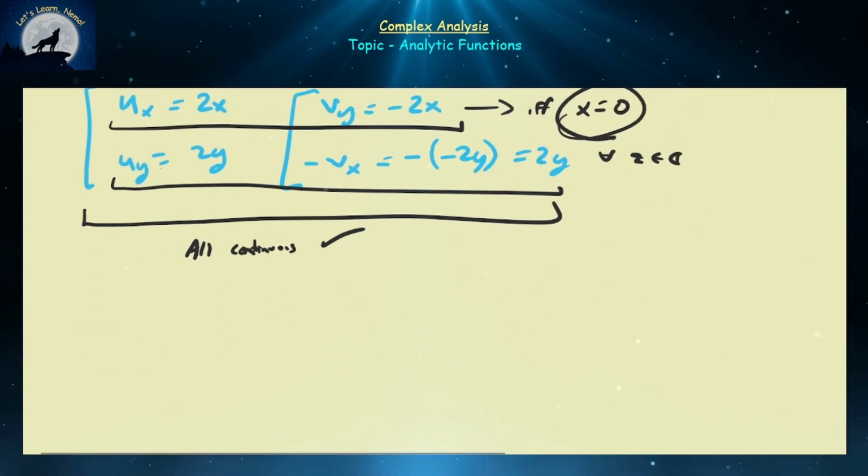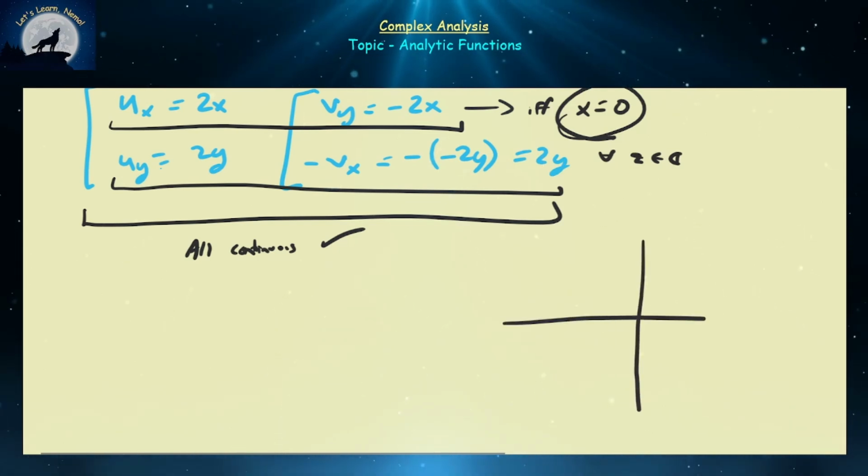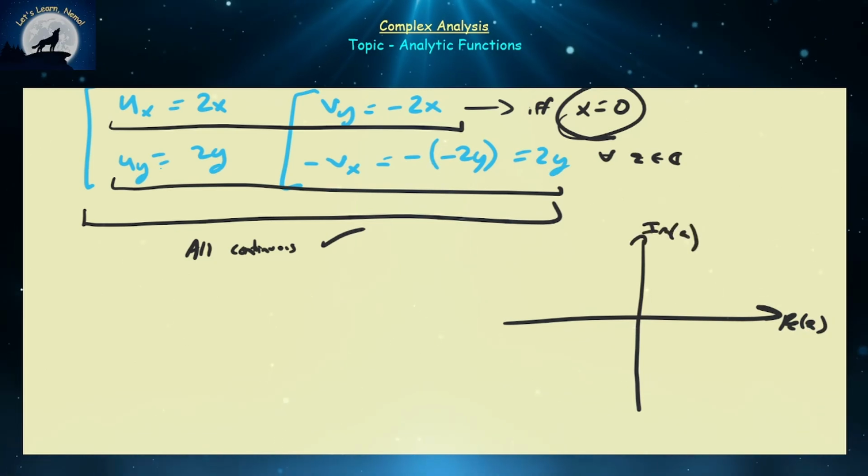So if we were to draw our complex plane, let's assume that this is the real part of z, and this is the imaginary part of z. So where is this function differentiable? It's only differentiable if x is equal to 0. So that's only on this line. Right?